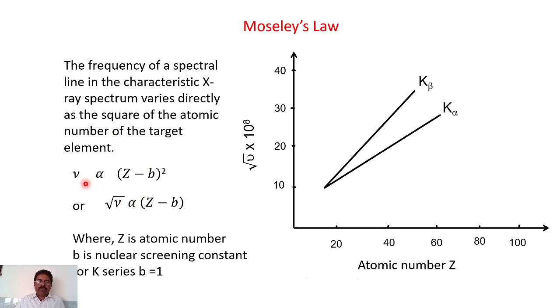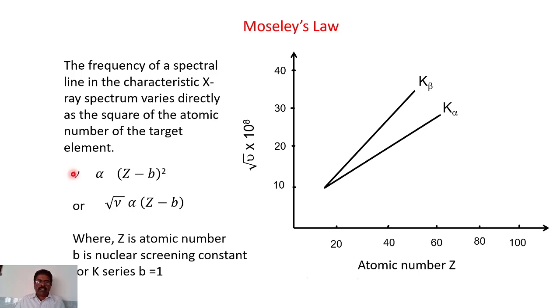So you can say that the frequency of the characteristic X-ray photon is directly proportional to (Z minus b) squared, where Z is the atomic number and b is a constant, a particular screening constant. The screening effect due to electrons is considered by Moseley, and he has added this constant here in Z. So Z minus b. So b is a screening constant.